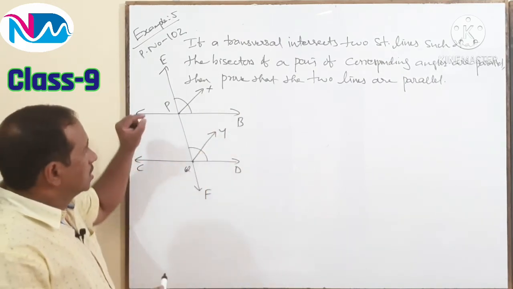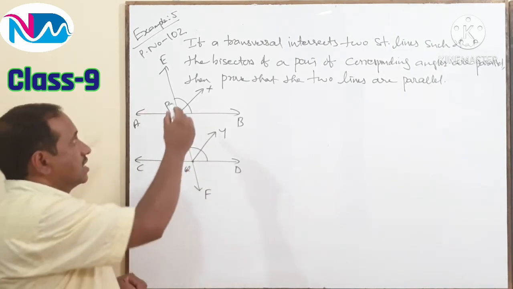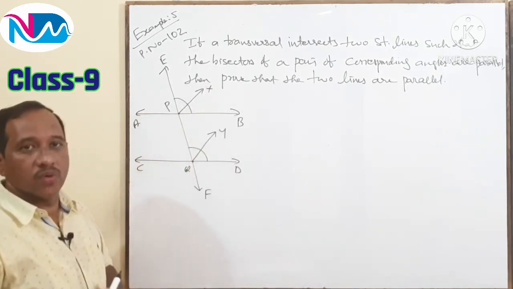According to the question, these two bisectors, that is PX, is parallel to QY.